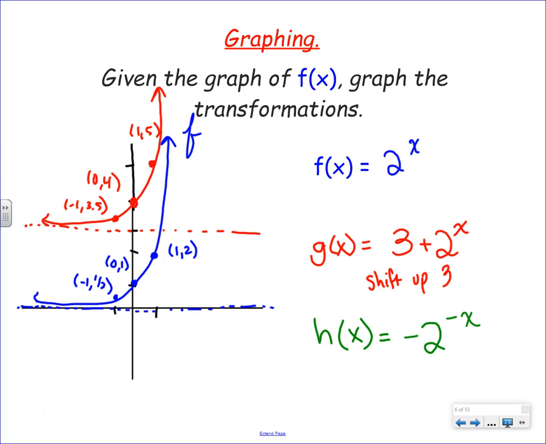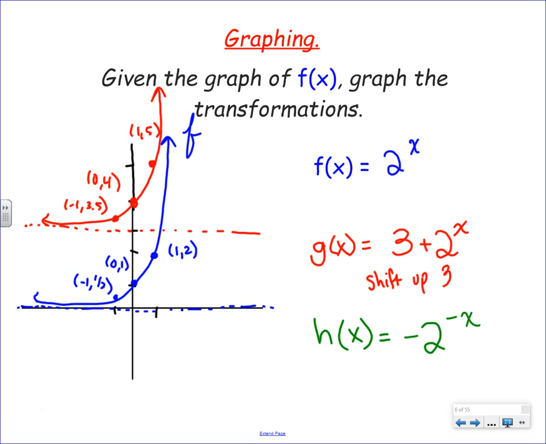Sometimes you're shifting other characteristics too, like vertical asymptotes, horizontal asymptotes, et cetera. Technically, the shape should be exactly the same to shift it up. I apologize, mine's not exactly the same, but it's close. That's what we call a rigid transformation. Holding the same shape, just in a different location.